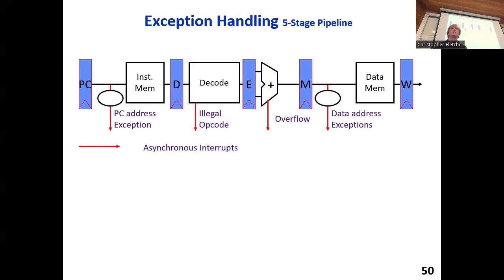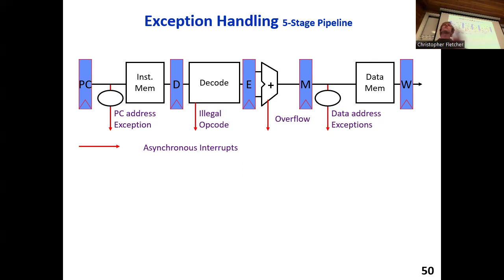Okay. Last but not least, in terms of exception handling, how do we implement all of this without massively complicating our pipeline? We just spent the previous lecture talking about how we get different pieces of information, like when the branch condition is determined to be true and what the branch or the jump target is going to be at these different stages of the pipeline.